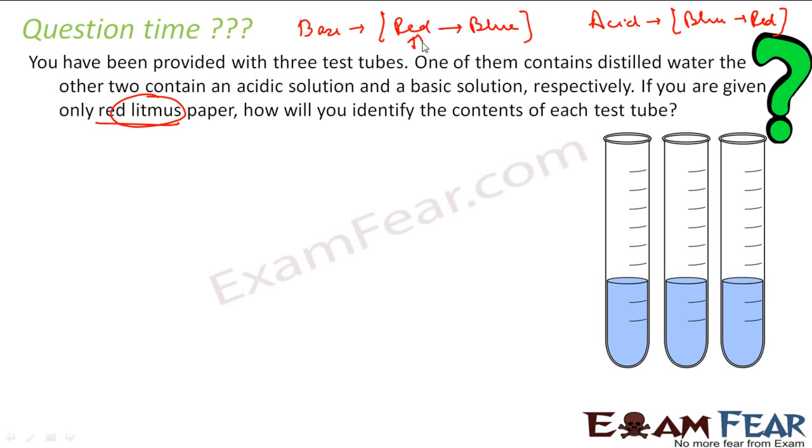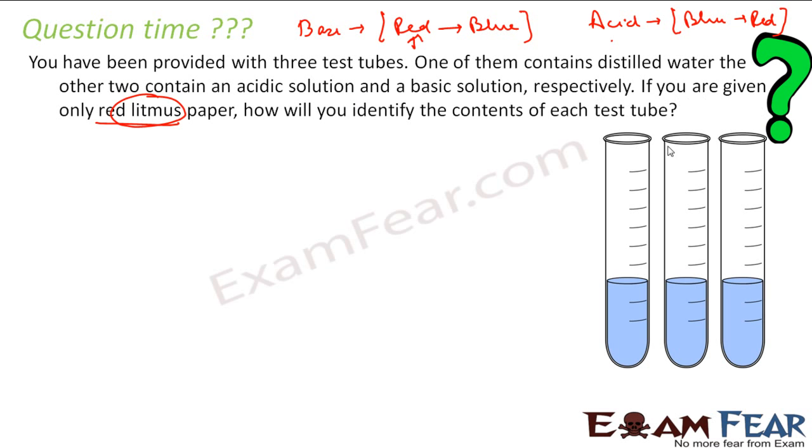Correct? Because if I dip it in something and there is no change, that substance can be acid also, it can be neutral also, we don't know. But if the red litmus paper turned blue, that means it is 100% base. Correct?